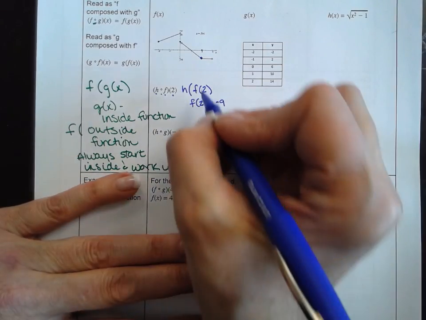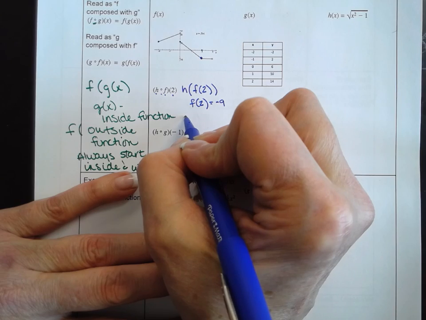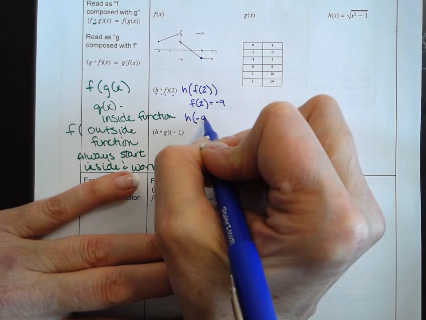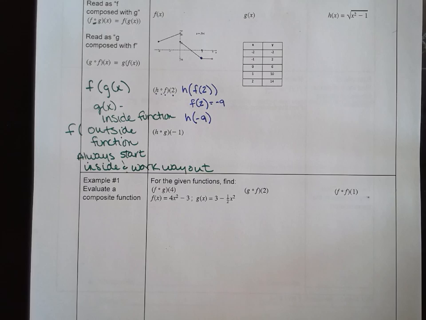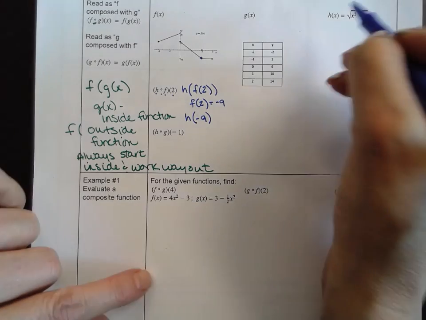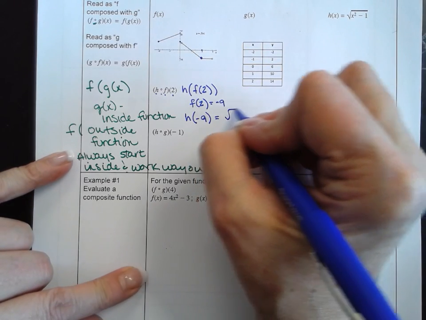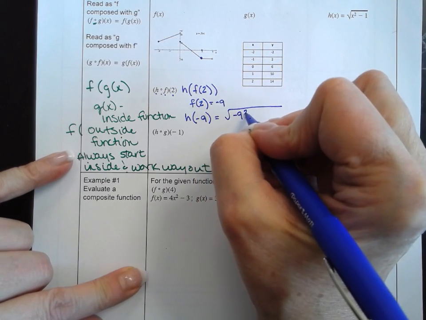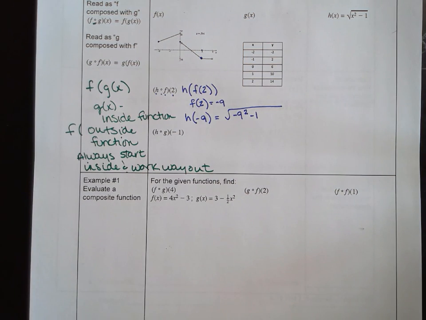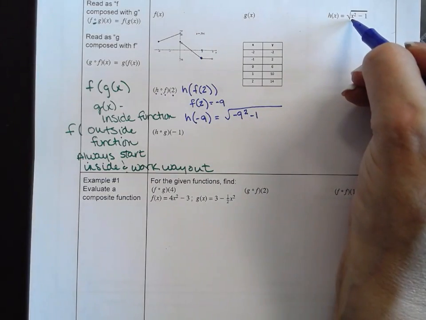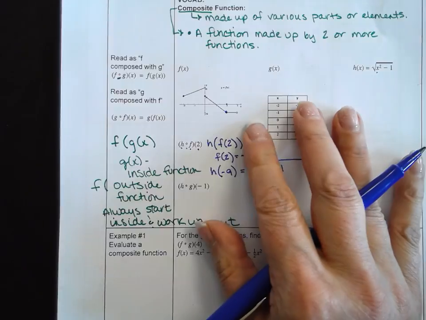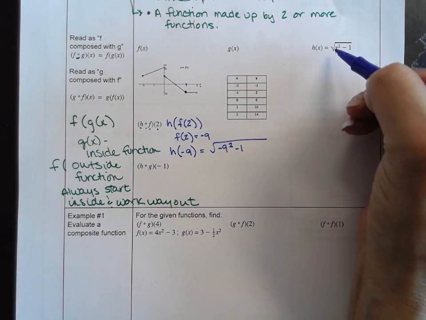So then that means I would look for the H of negative 9, which means I'm going to have negative 9 squared minus 1, because I put my negative 9 in for x.